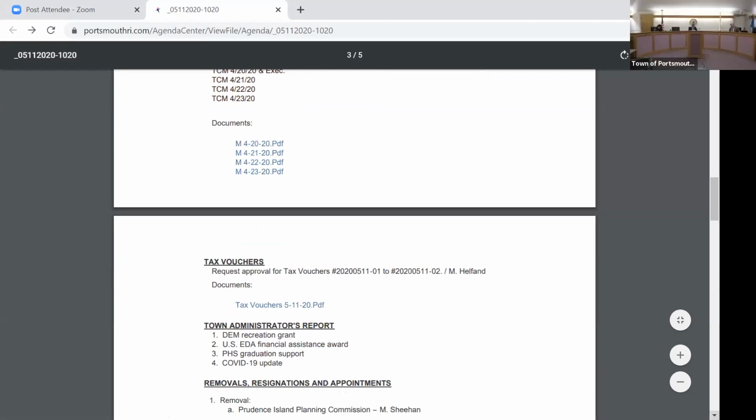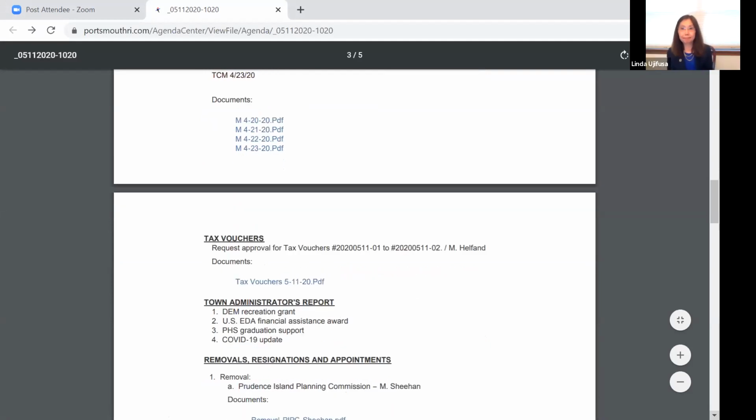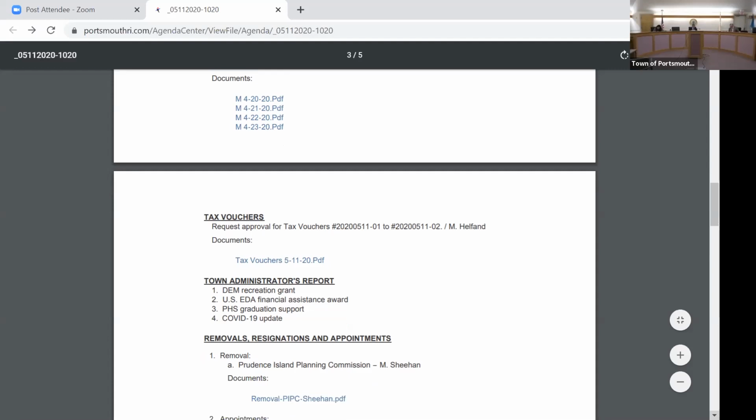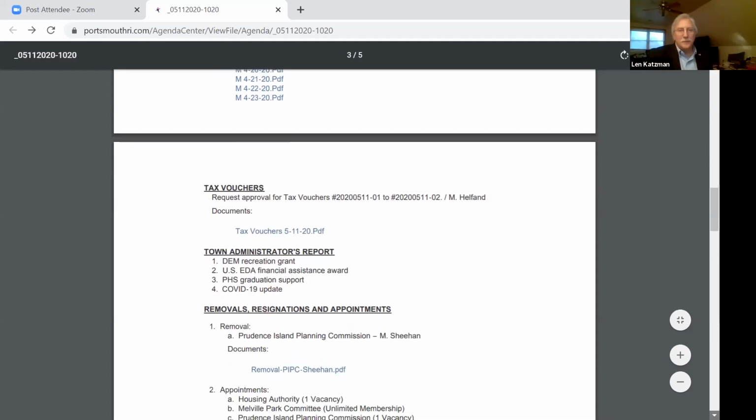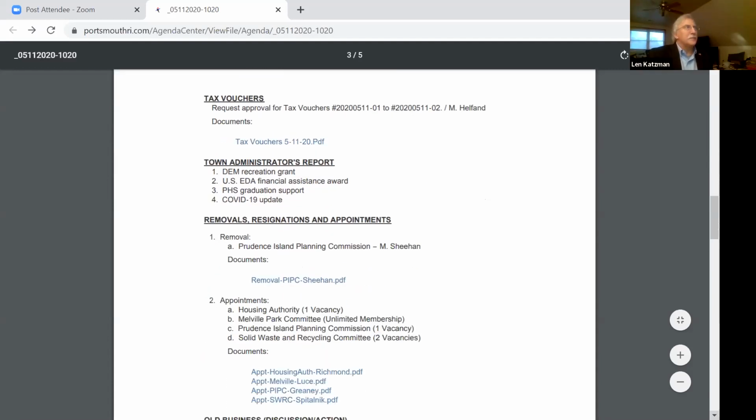All those in favor? Ms. Jukusa, Aye. Ms. Abbott, Aye. Mr. Hamilton, Aye. Mr. Katzman, Aye. Mr. Kelly, Aye. Dr. Ryan, Aye. Mr. Aguirre, Aye. Motion passes 7-0.